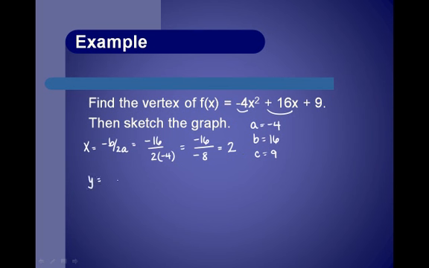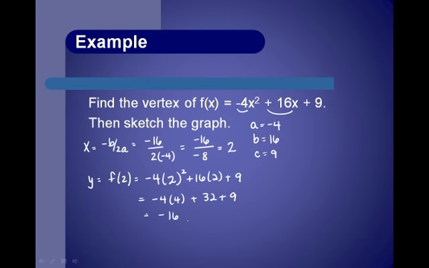To find the y value, we're going to substitute 2 back into our function, which we would call f of 2. So that would give us negative 4 times 2 squared plus 16 times 2 plus 9. So that would give us negative 4 times 4 plus 32 plus 9.